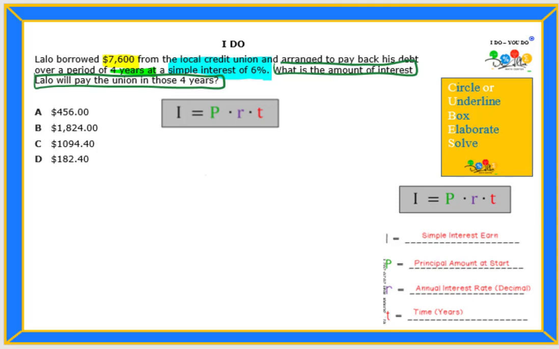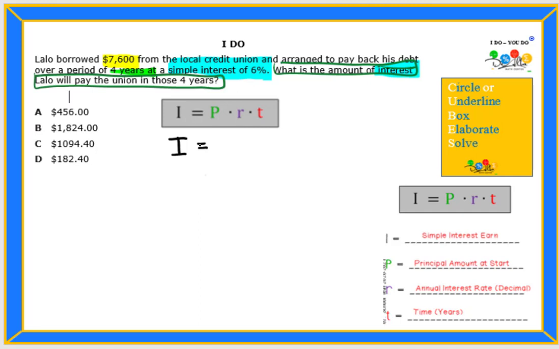So now that we've put in our formula, let's figure out what our interest will be, because that is the question. I is the interest, which is what we do not know. It's what we're looking for. So I equals P, the principal amount at the start.